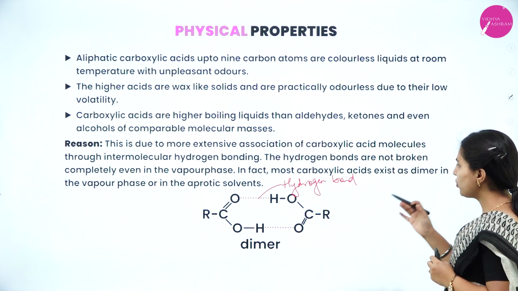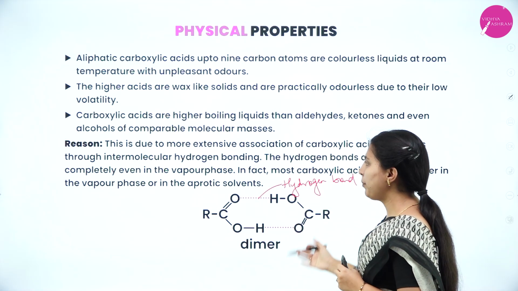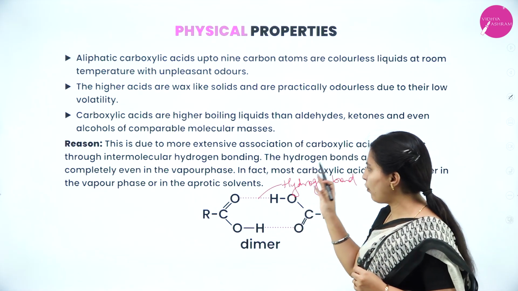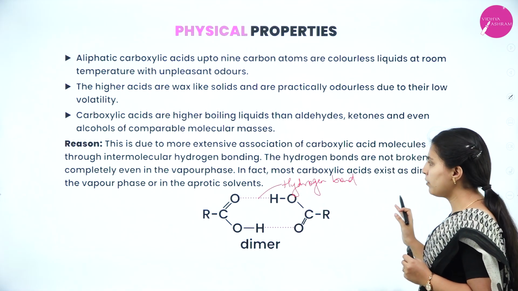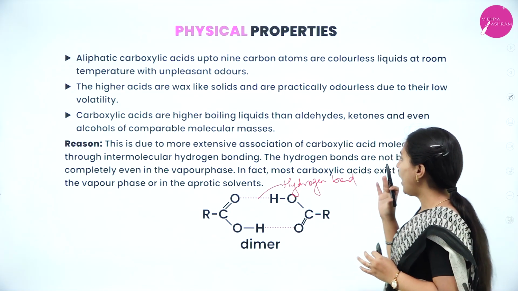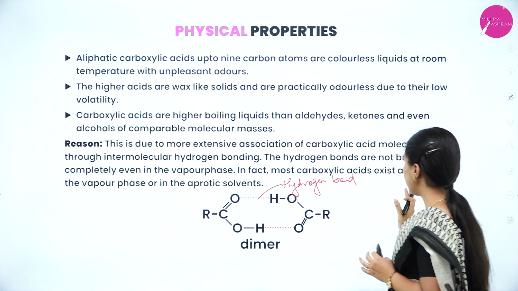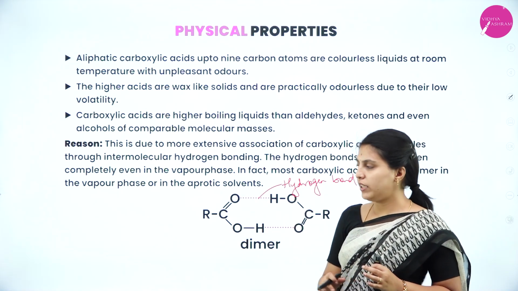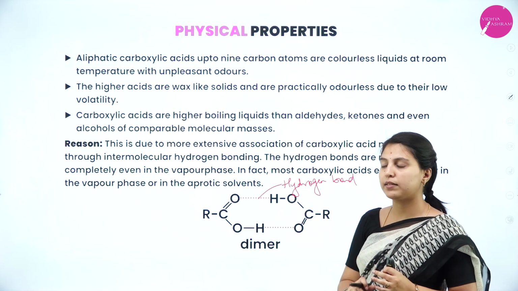In fact, most carboxylic acids exist as dimers in the vapor phase or in aprotic solvents. It will form intermolecular hydrogen bonds, and the hydrogen bonds will not be broken completely in the vapor phase also. Most carboxylic acids exist as dimers in the vapor phase or in aprotic solvents.